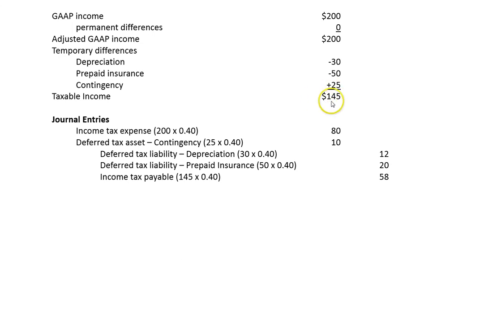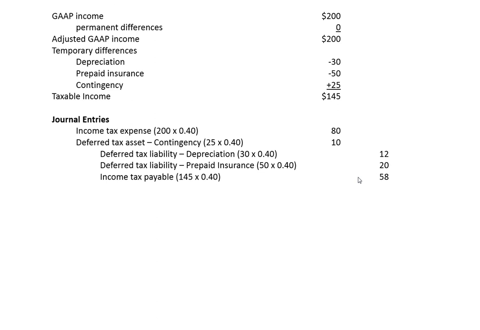That's taxable income of $145 million times 40%. That gives us $58 million. That difference, $80 million in income tax expense and $58 million in income tax payable, is a $22 million difference. That $22 million difference, however, is the result of 3 separate items.